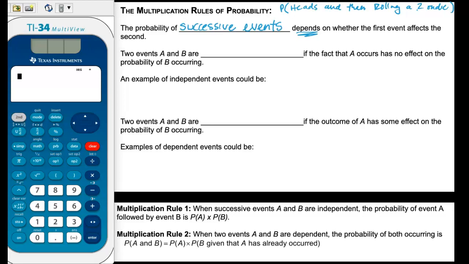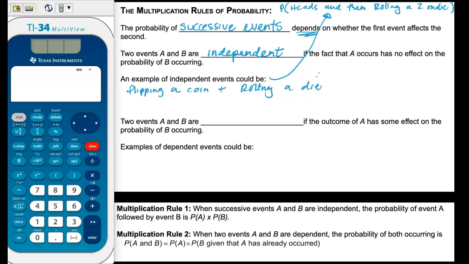If two events A and B are independent, then the fact that A occurs has no effect on the probability of B occurring. So flipping a coin and rolling a die are independent events.